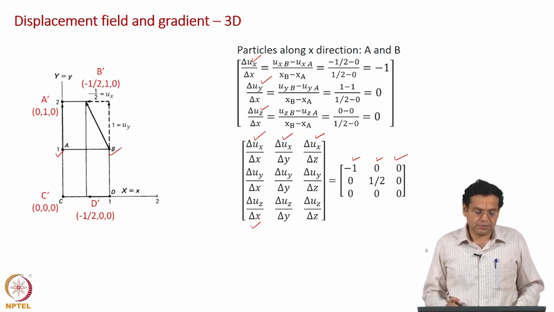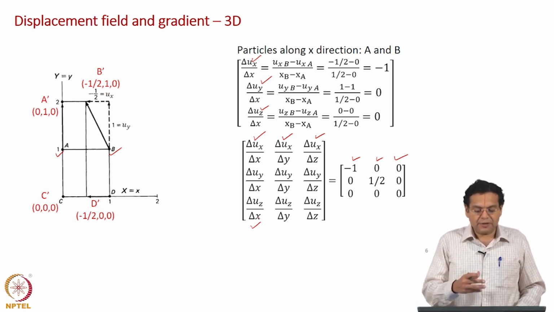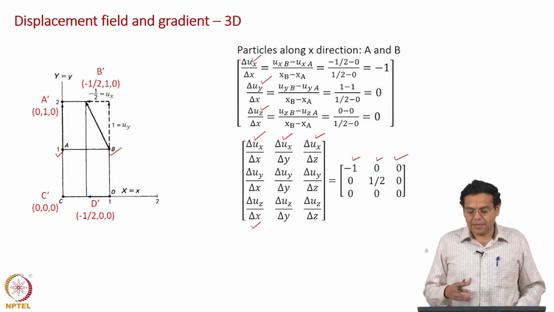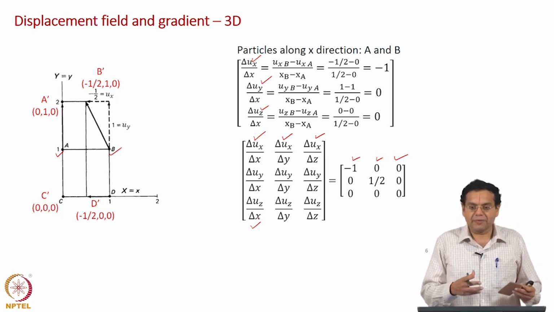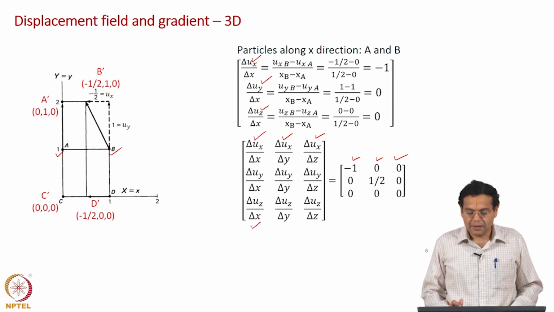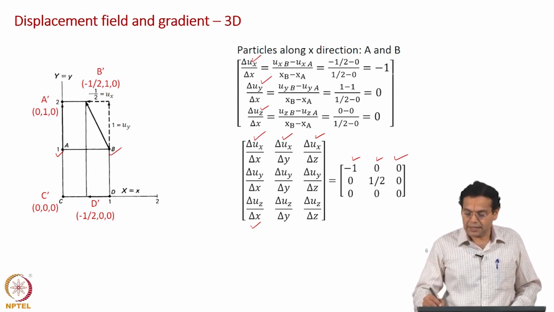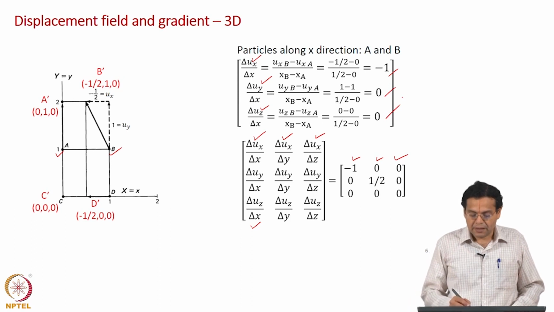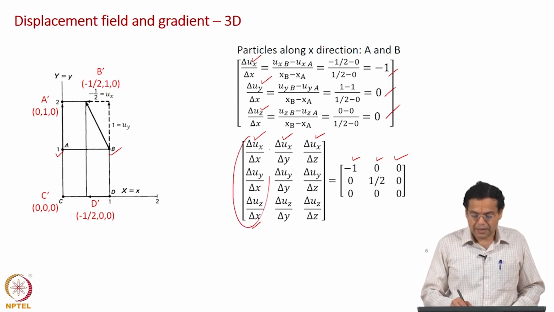Okay. So, two things we will do. First, instead of attaching this displacement gradient tensor to a particular example, we will derive a more general expression, which is going to be the same, but in a more general sense, and also we will automatically understand why we arranged these values along a column rather than a row.